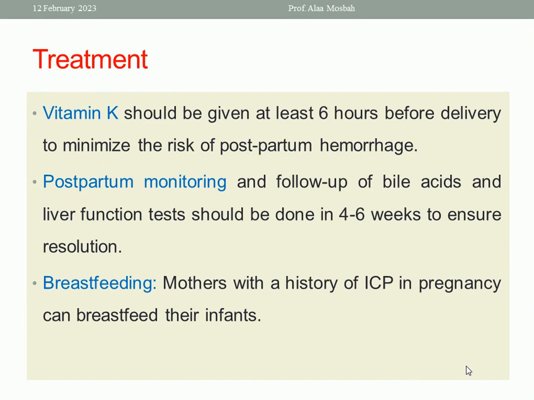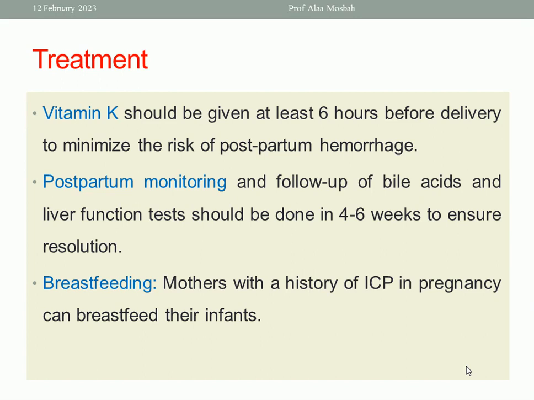Okay, because I'm suspecting that there is lack of absorption of vitamin K due to steatorrhea. And as I said before, this is one of the fat-soluble vitamins, and it is important for coagulation.